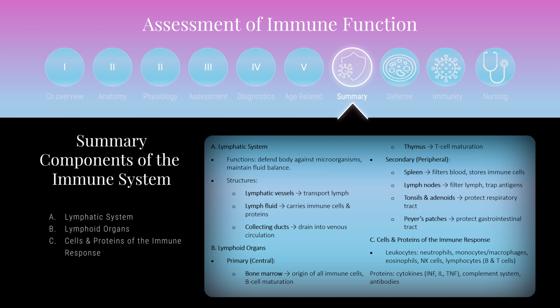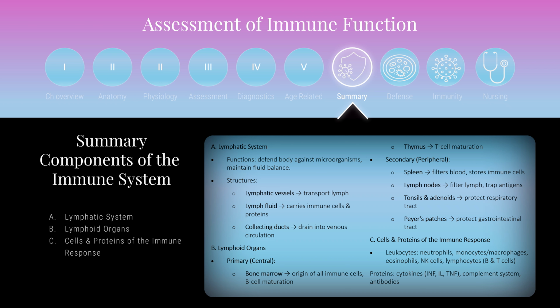We are at a small summary of the chapter. The summary covers the components of the immune system: the lymphatic system, lymphoid organs, and cells and proteins of the immune response.